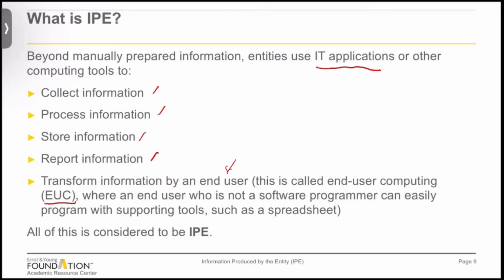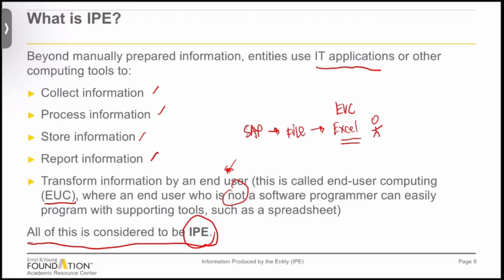For example, you have SAP, you have generated a file, then transform that file using end user computing, or Excel, in order to use that report. An end user, a person who is not technically a software programmer, can easily program with supporting tools such as a spreadsheet. So all of this is considered to be IPE.